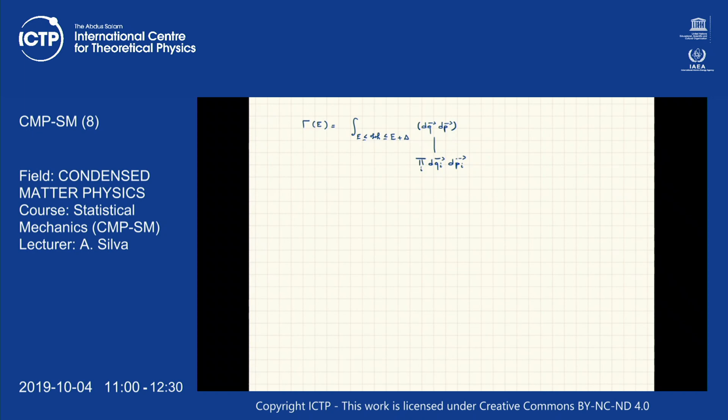And now comes Mr. Boltzmann, who tells us that the only thing we have to do in order to construct thermodynamics and statistical mechanics and everything else is to say that the entropy is equal to k Boltzmann times the logarithm of gamma of E. And nothing else. So this is the Boltzmann formula.